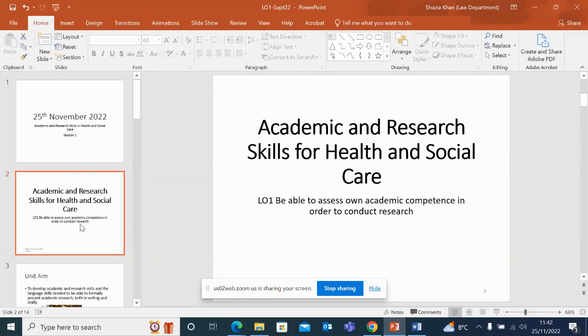Why do you think it's so important to identify your own academic competencies? When we look at academic competencies, it's things like reading, writing, speaking, listening, reasoning. Why do you think it's so important to be able to identify them yourself?